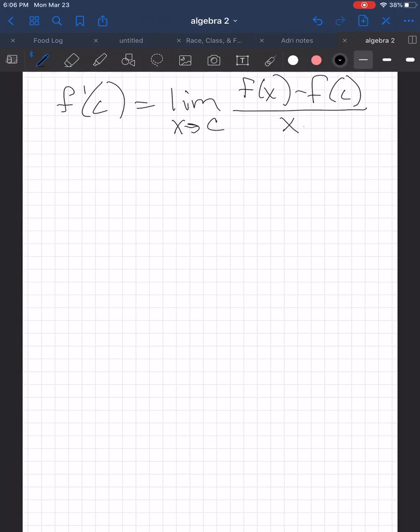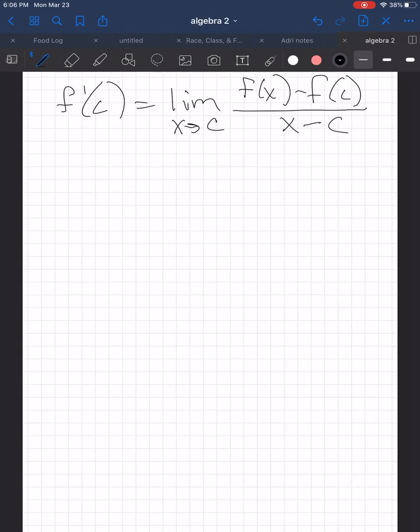Okay, on page 420, you see the definition that we used for derivative last semester. The first derivative evaluated at c is the limit as x approaches c of f of x minus f of c over x minus c.